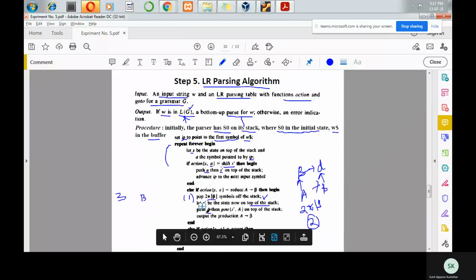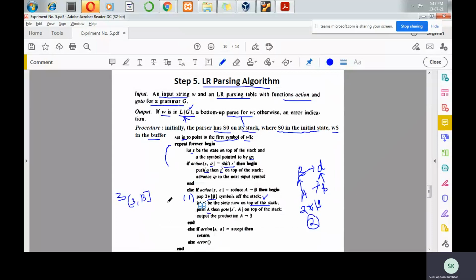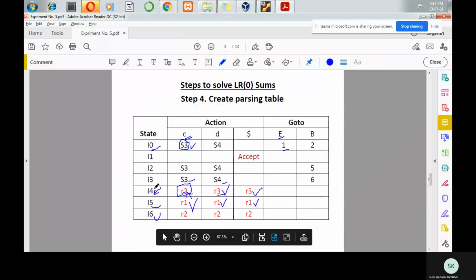Push A and then go to S dash comma A. So B is pushed and then go to 3 comma B. If I go to 3 comma B, 3 and B, it becomes 6, right?